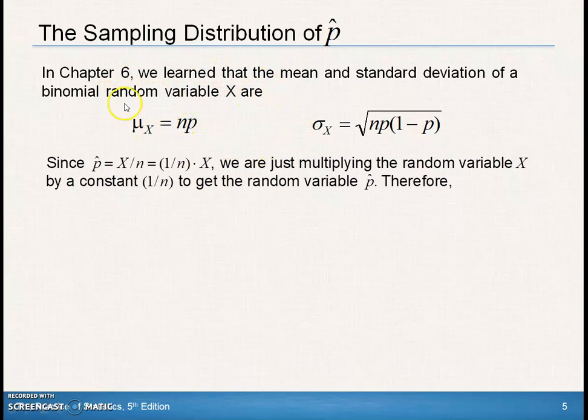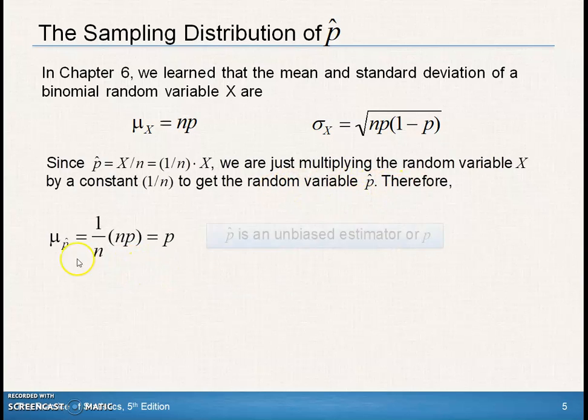The standard deviation of a binomial random variable x, sigma sub x, is the square root of npq, q being 1 minus p. Now, since p-cap is x over n, which is 1 over n times x, we're just multiplying the random variable x by this 1 over n to get the random variable p-cap.